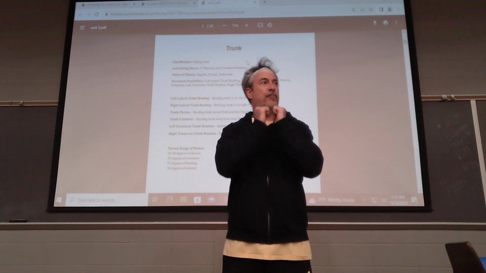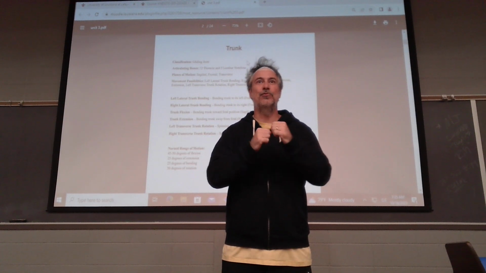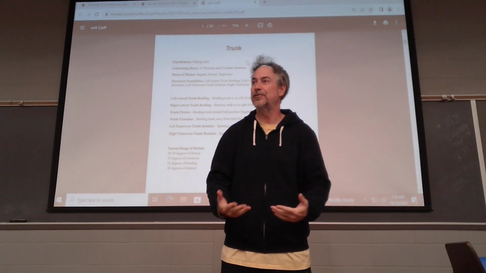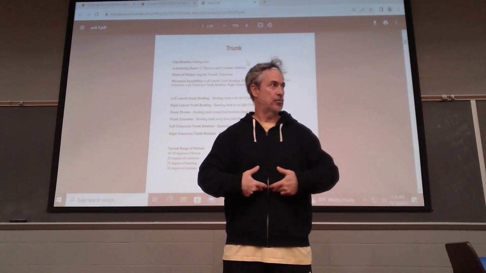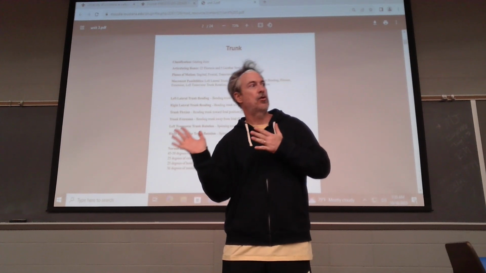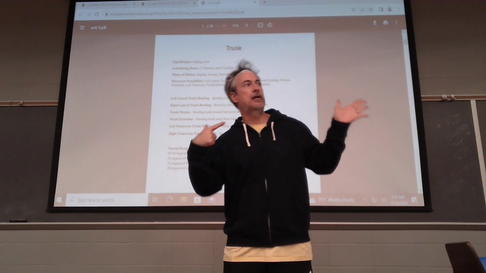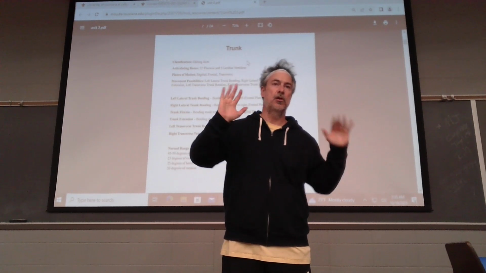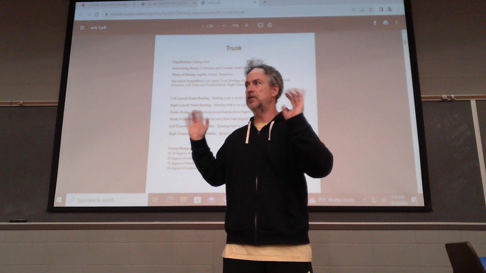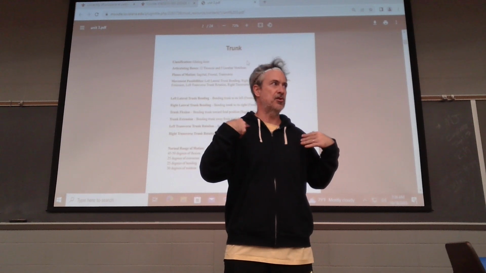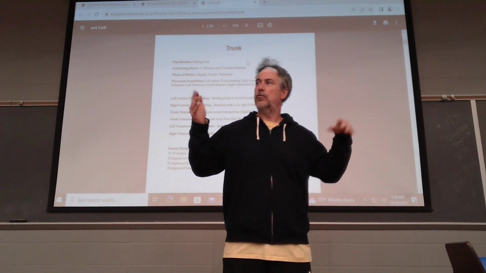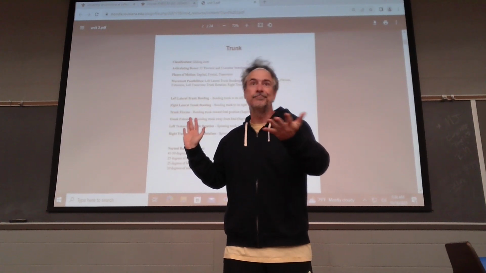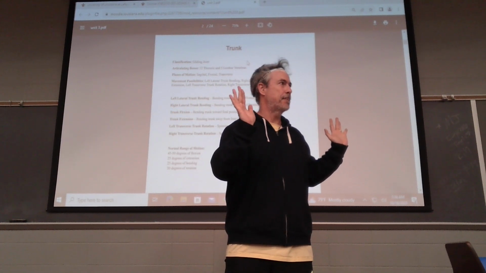There is no right and left when it comes to flexion and extension. You don't do a front roll to your right or to your left. You do a cartwheel to your right or to your left. You spin to your right or to your left. So: trunk flexion, trunk extension, right lateral trunk bend, left lateral trunk bend, right transverse trunk rotation, left transverse trunk rotation, or in layman's terms, right lateral bend, left lateral bend, right transverse spin, left transverse spin.